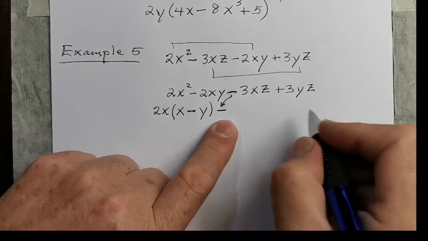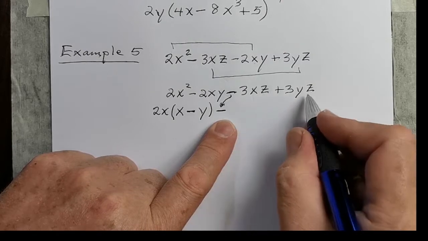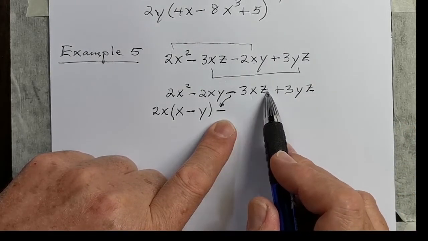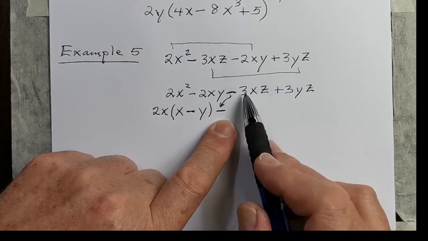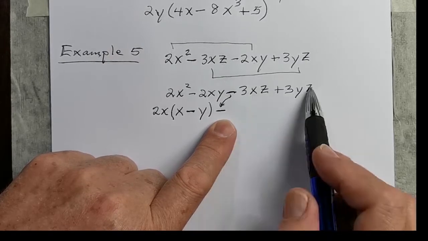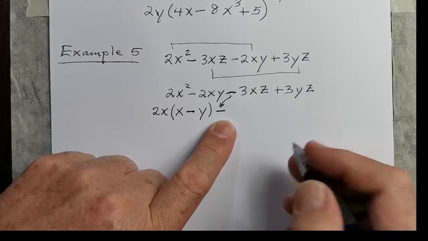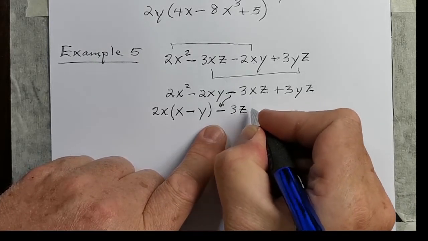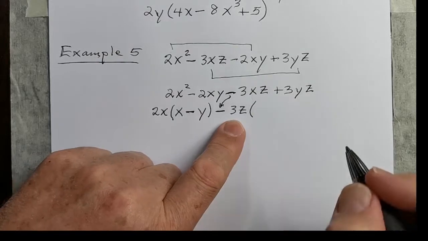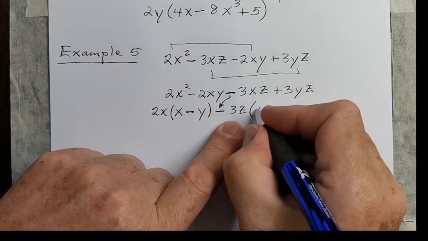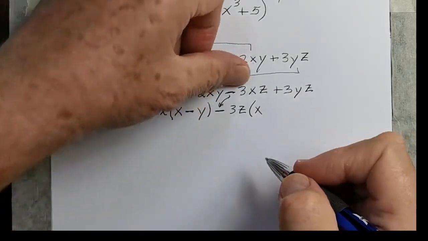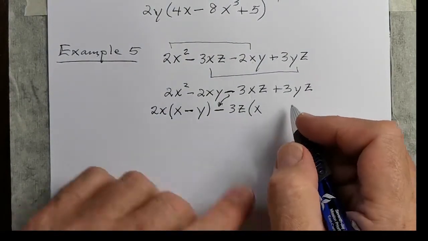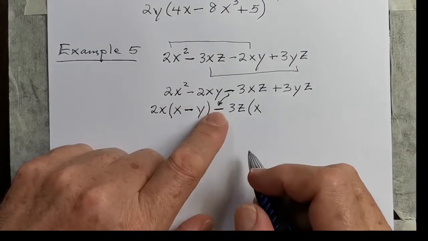Minus, we subtract now, that's this subtract right here. Subtract what? We can factor a 3z out of both of these terms. Notice 3xz, 3yz. The greatest common factor between these two terms is 3z. So let's factor out 3z. And if I take 3z and I multiply by x, I get 3xz. Now the trick is I'm subtracting.